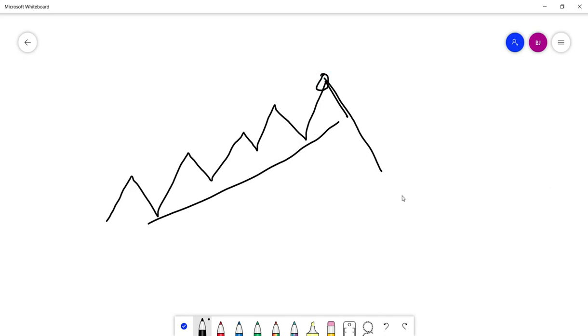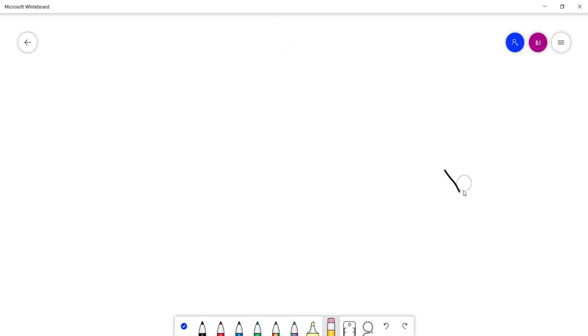And this move right here is actually called the backside, because think about it, before you were in front of the trend line, now you are behind the trend line. This is called the backside. The backside is much easier because now you have confirmation that the market actually wants to move in this direction. So that's another good reason to look for breaks.